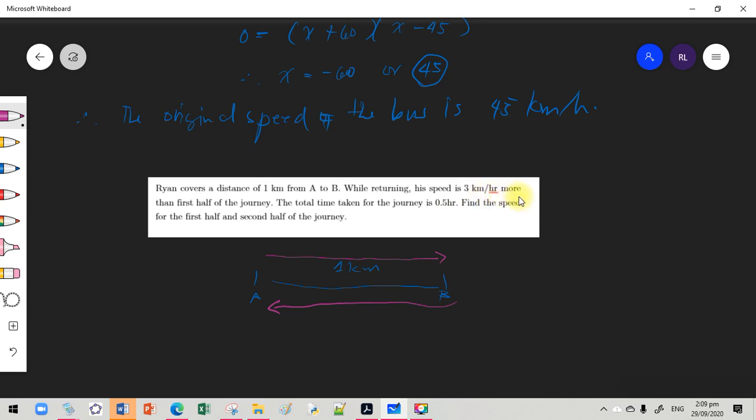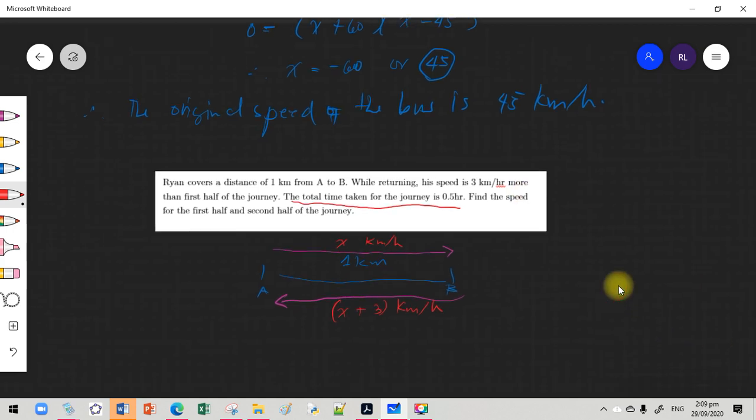So it's like saying that this is x kilometer per hour, the original speed from A to B. Then when he returned, that's 3 more. So this becomes x plus 3 kilometer per hour. Since this gives us an idea that we can express our equation in terms of time, then express that time in terms of distance and speed.